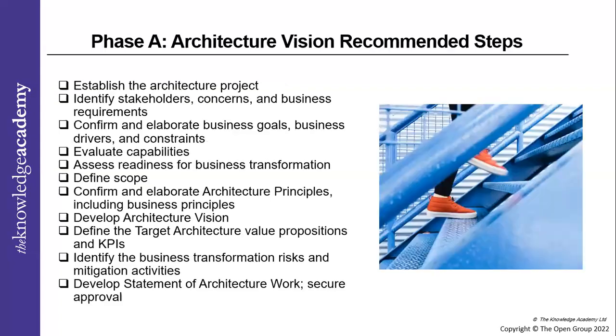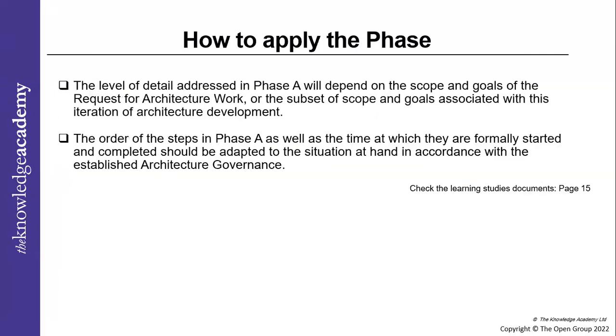Steps in phase A we covered yesterday: establish the architecture, identify stakeholders, confirm all the steps. Finally, the statement of architecture work is created and approved. Got it? We discussed how to apply the phase; it depends on the scope and the goal and things like that.